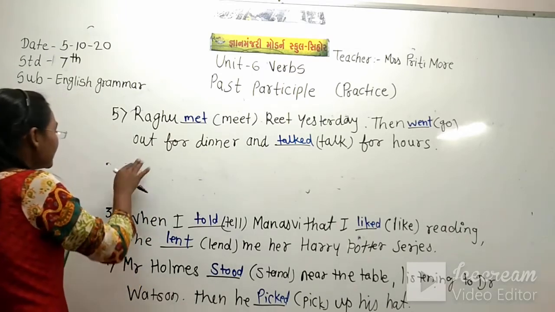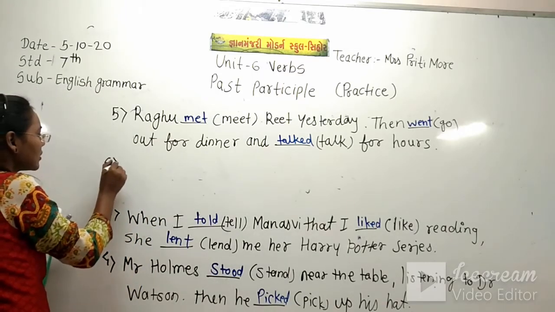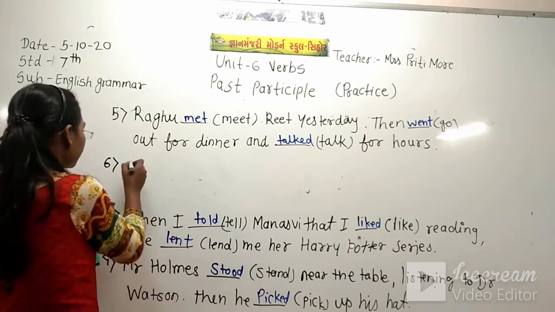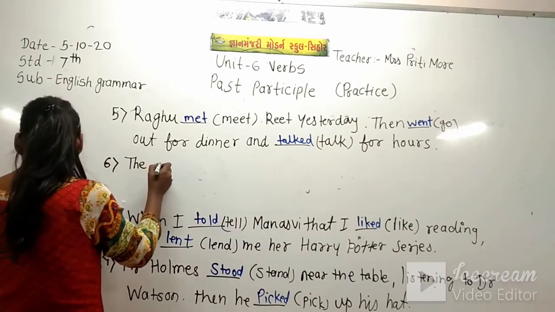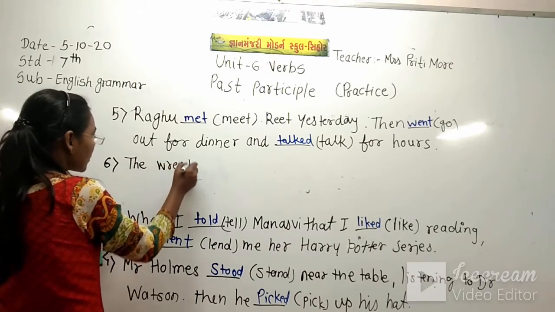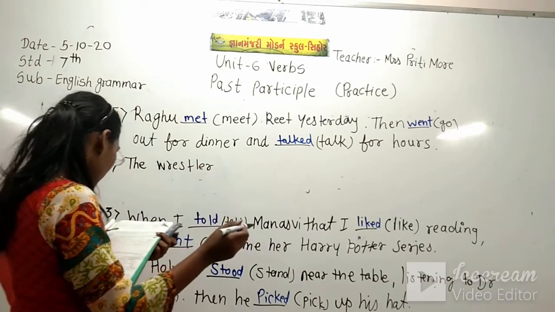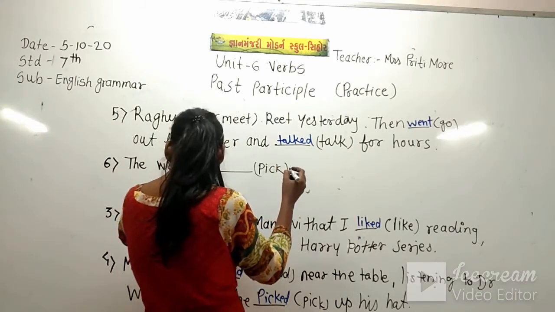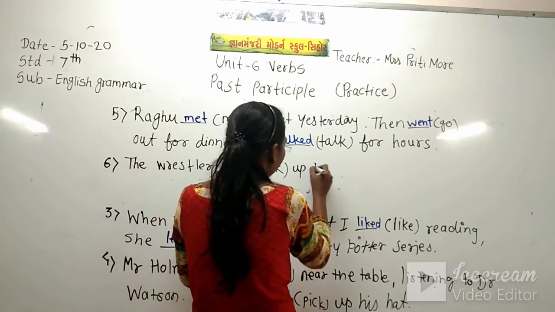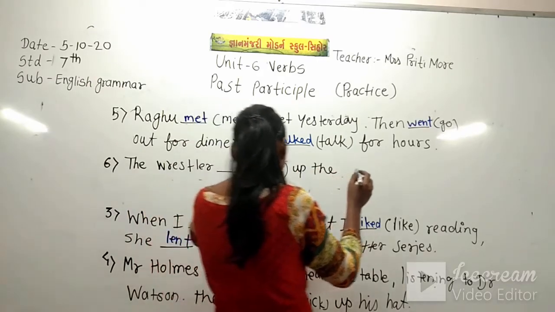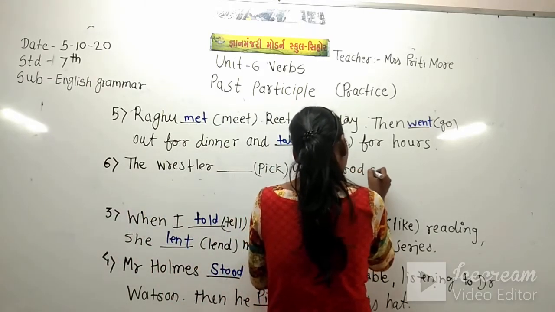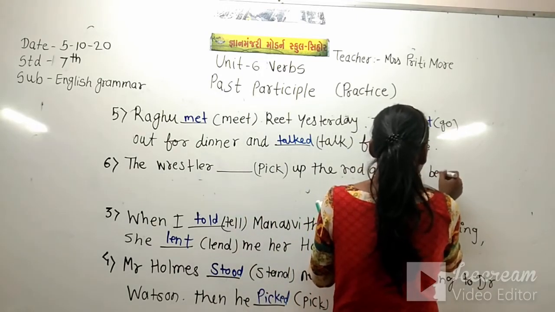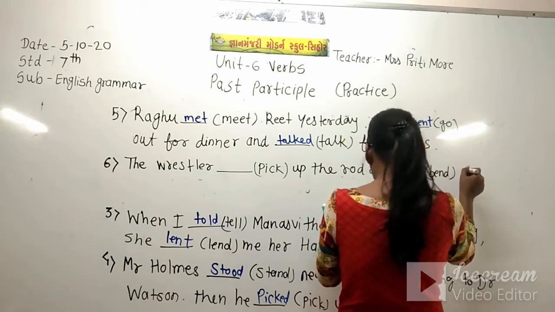Now the sixth sentence. The wrestler blank space, pick up in the bracket, the rod and blank space, bend it.